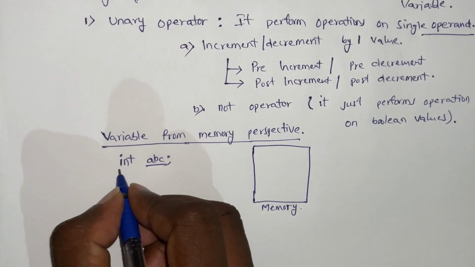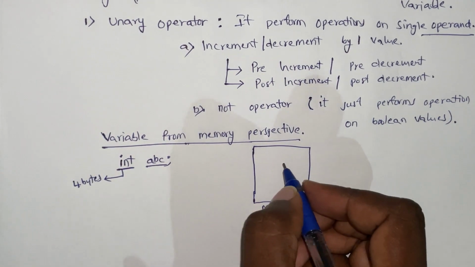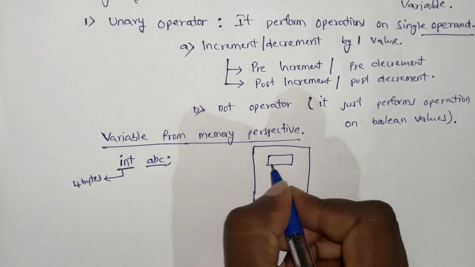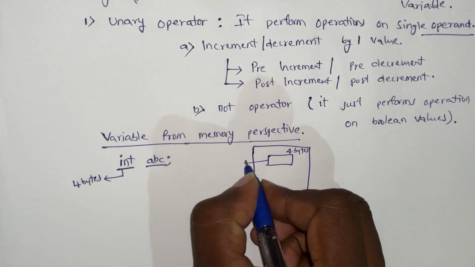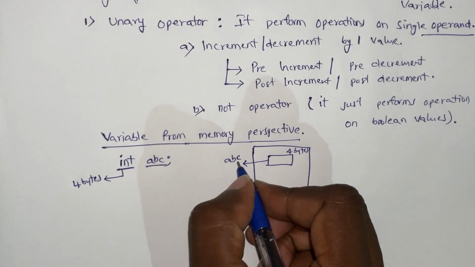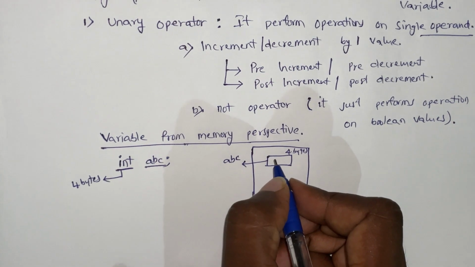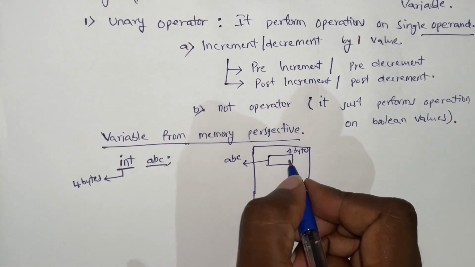The integer data type occupies 4 bytes. It will go inside the memory and find 4 bytes of free space. In these 4 bytes it will give the name abc. That means this memory location's name is abc. Using the abc variable we refer to this particular memory location. For now abc is not initialized, so it does not contain any value.